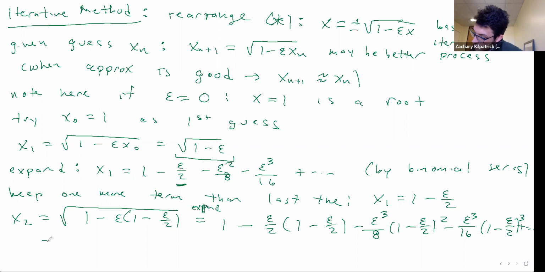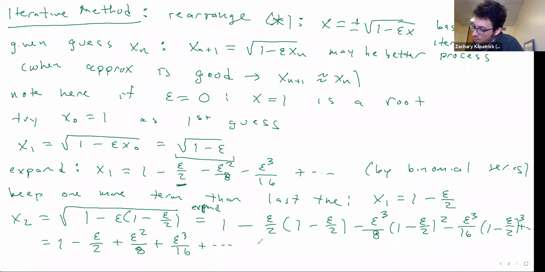This is some messy algebra. We have to expand this all out and then collapse it. I will show you the result of that, which is 1 minus epsilon over 2 plus epsilon squared over 8 plus epsilon cubed over 16. There's no way of getting around tedious, messy algebra in asymptotic methods. That just comes with the territory.